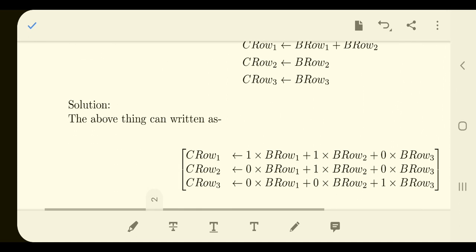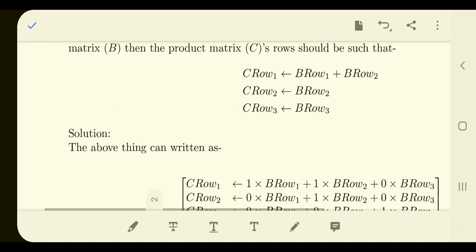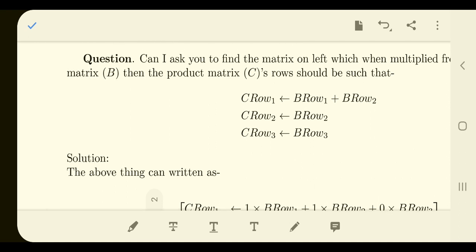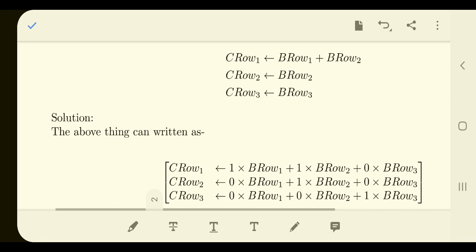Okay, so we want to generate C in such a way that C's first row is B's first row plus B's second row. C's second row is exactly the same as the second row of B, and C's third row is exactly the same as the third row of B. Okay, so let's rewrite it with everything, so we will not miss row 1, row 2, row 3 anywhere.